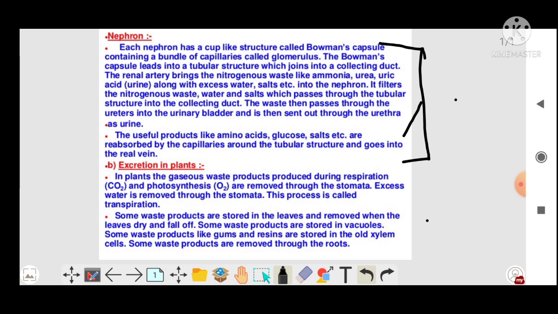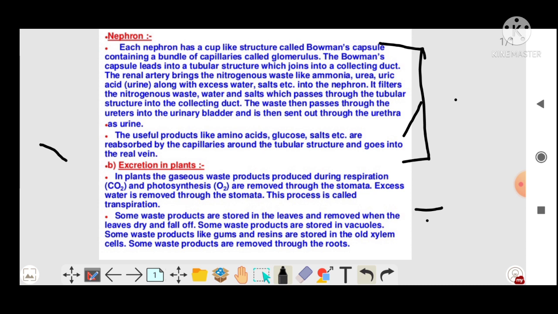Some waste products are stored in the leaves and removed when the leaves dry and fall off. When the leaves are dry and fall off, these products are excreted. Some waste products are stored in vacuoles. A vacuole is an empty space, and waste products are stored within the vacuoles.